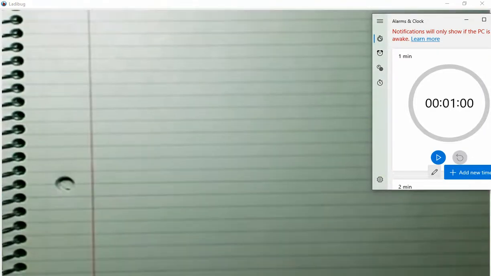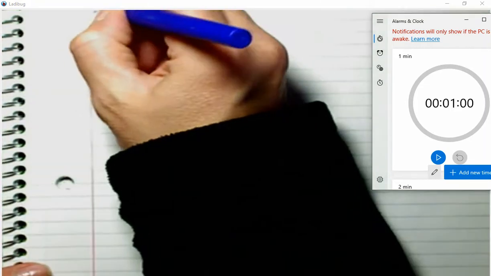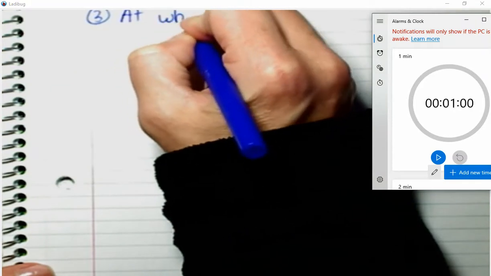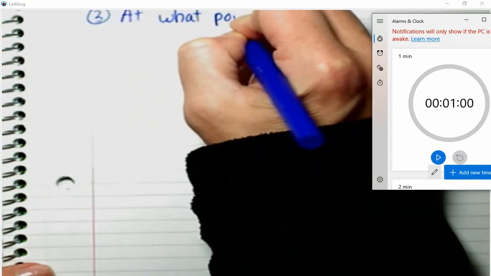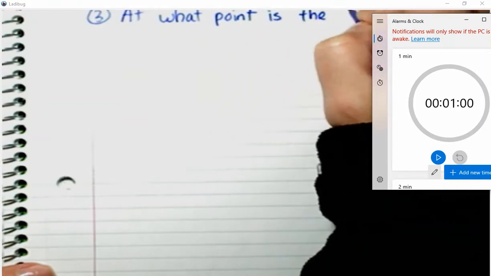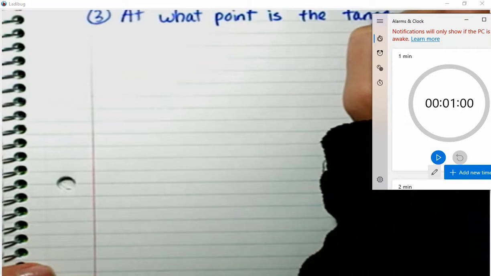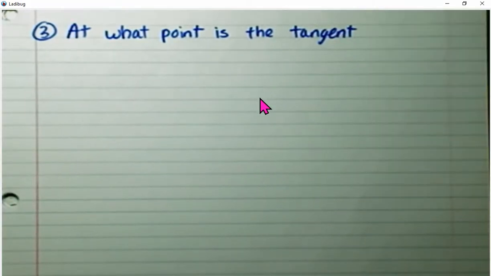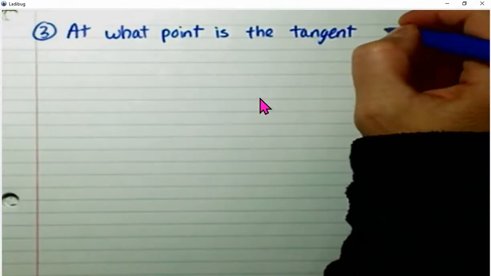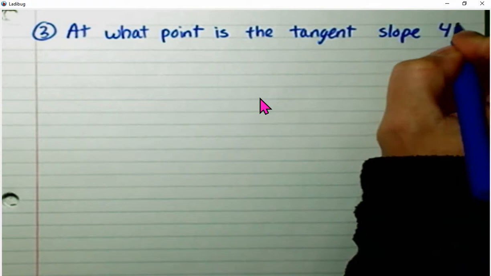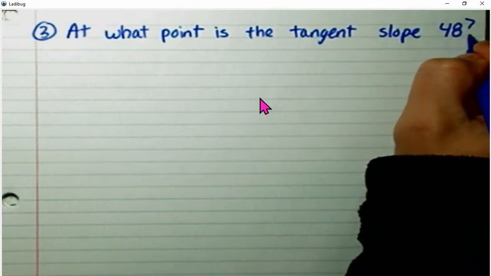Here we go. At what point is the tangent slope 48?